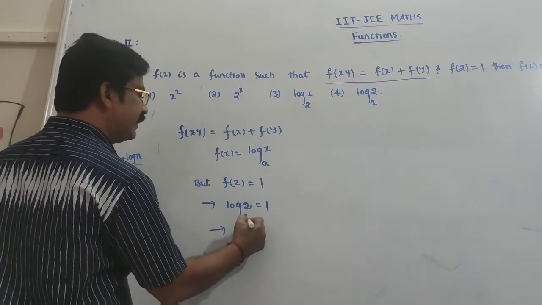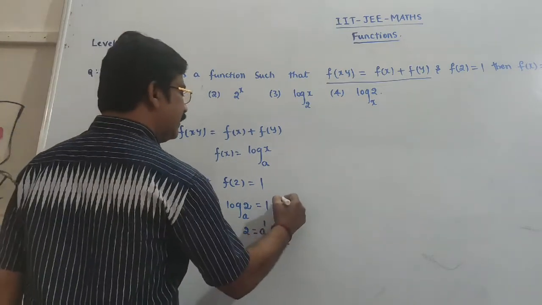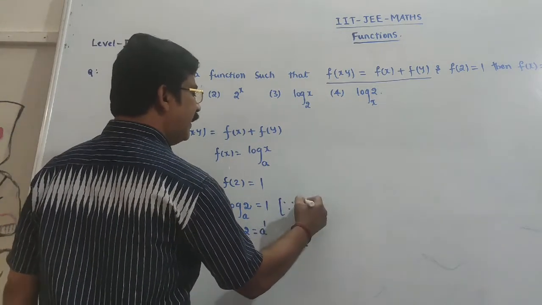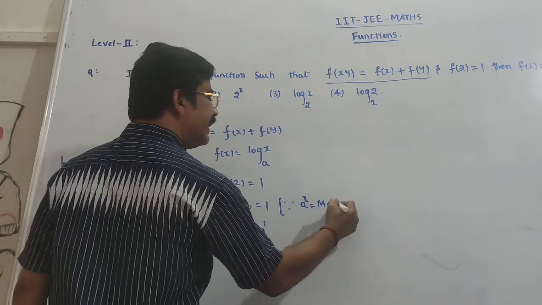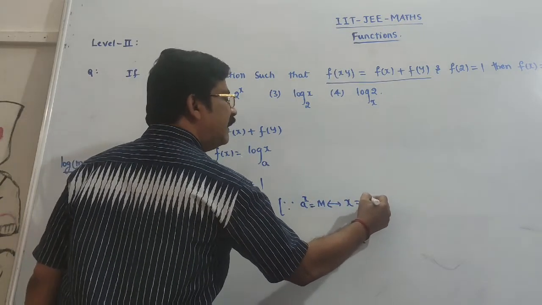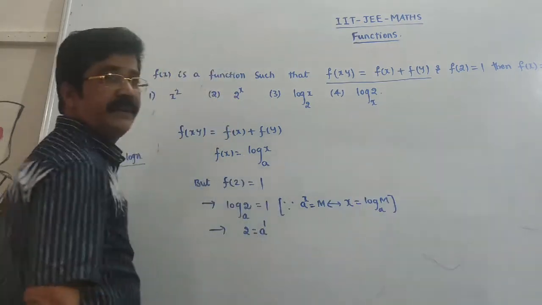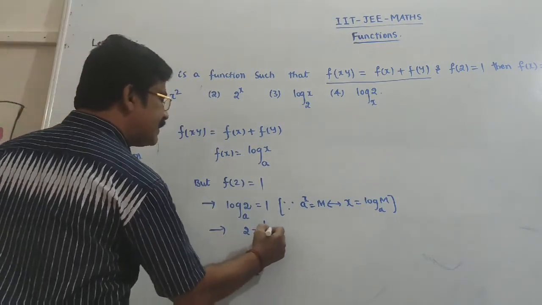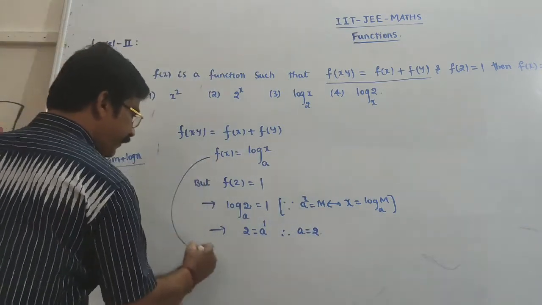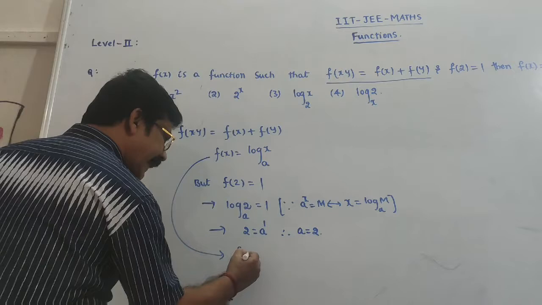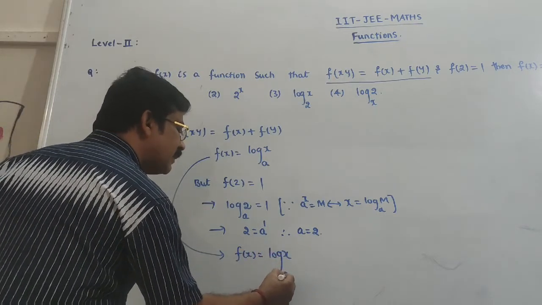So that implies 2 is equal to a to the power of 1, because if a power x is equal to m, then x is equal to log m to the base a, according to the definition. Therefore the value of a is 2. Hence f of x is equal to log x to the base 2.